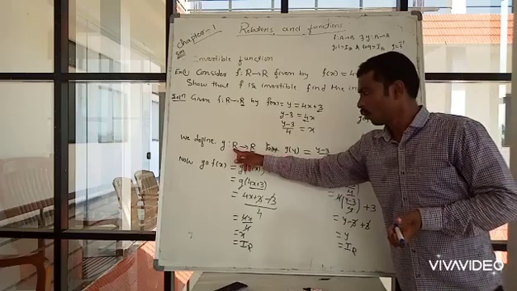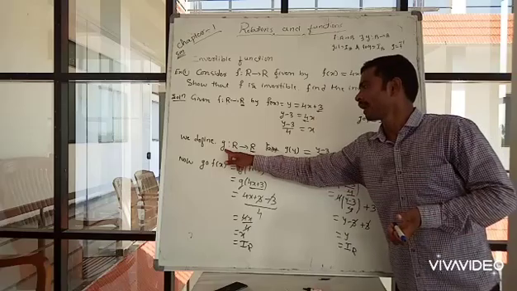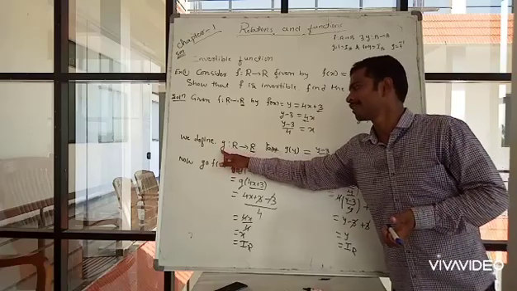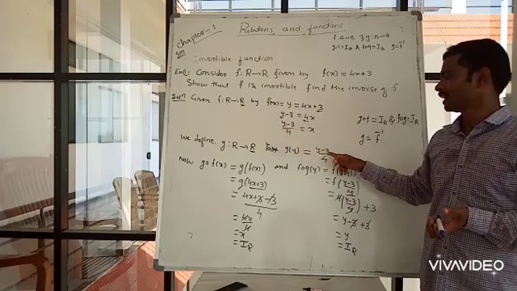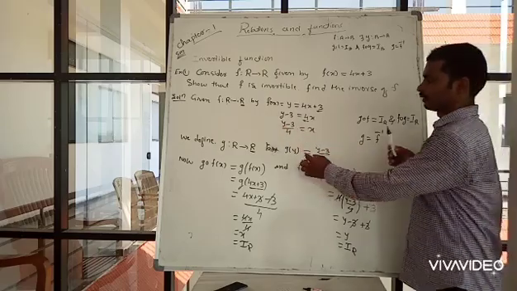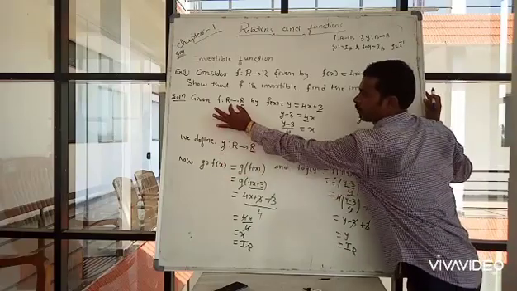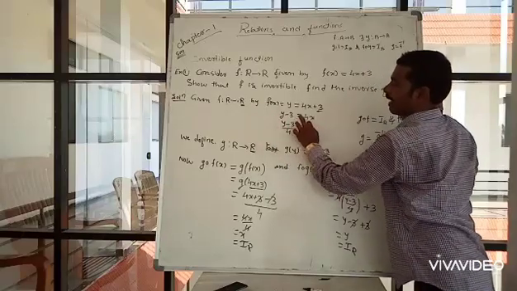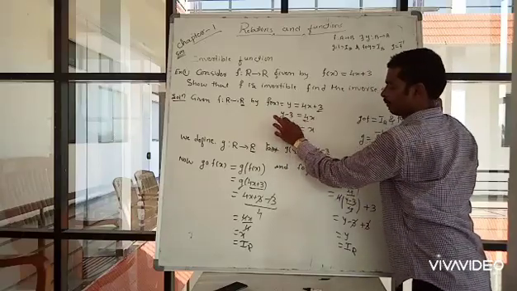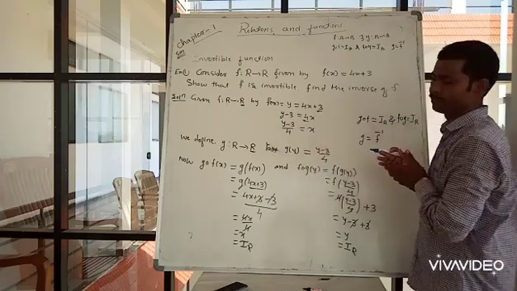If you consider Y as an arbitrary element in the domain of G, the image of Y under G is G of Y. It is defined as Y minus 3 divided by 4, because the image in the codomain of G is the domain of F. In the domain of F, the elements present are of this form. That's why G of Y is equal to Y minus 3 divided by 4.